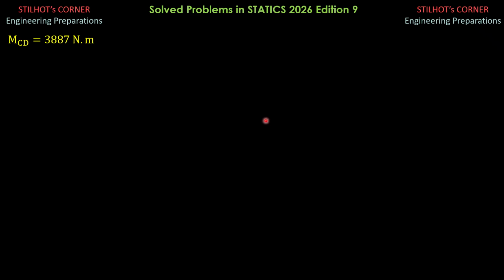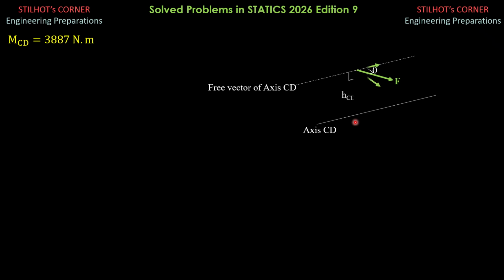And this is the explanation and analysis so that we can compute the perpendicular distance between F and this axis here. So we have here the axis CD in general. It may be an axis. And we have here the free vector of the axis so that we can find the angle between F and this axis here. I'll call it theta. And these are the additional drawings so that we can analyze it.